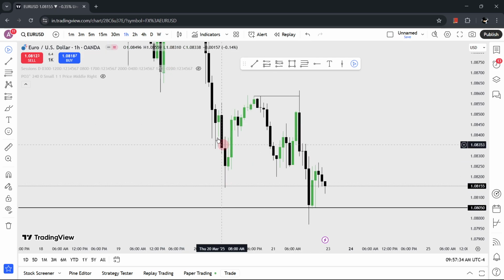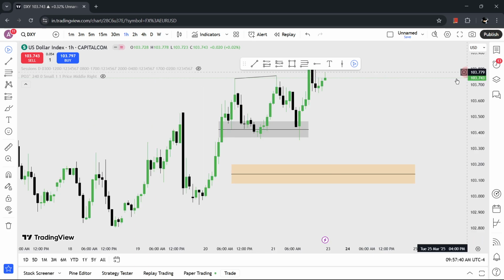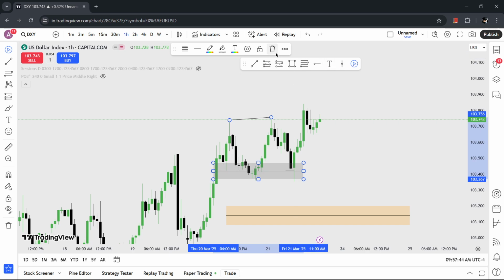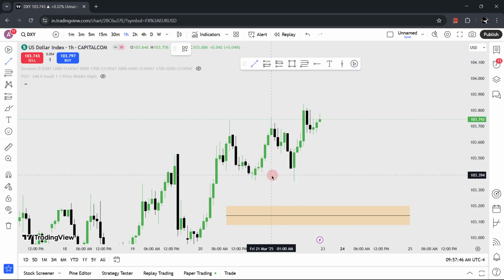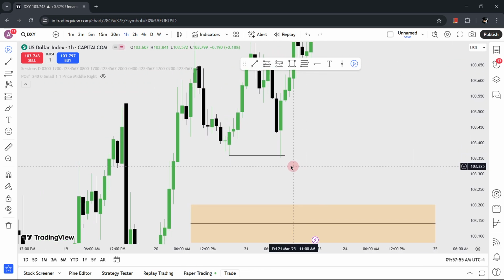And if you look at the dollar index chart, it also took out that Asian low. Asian low is here.